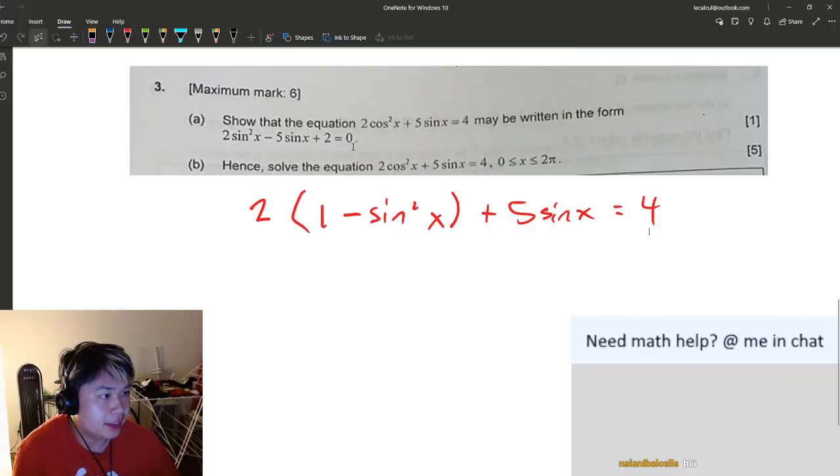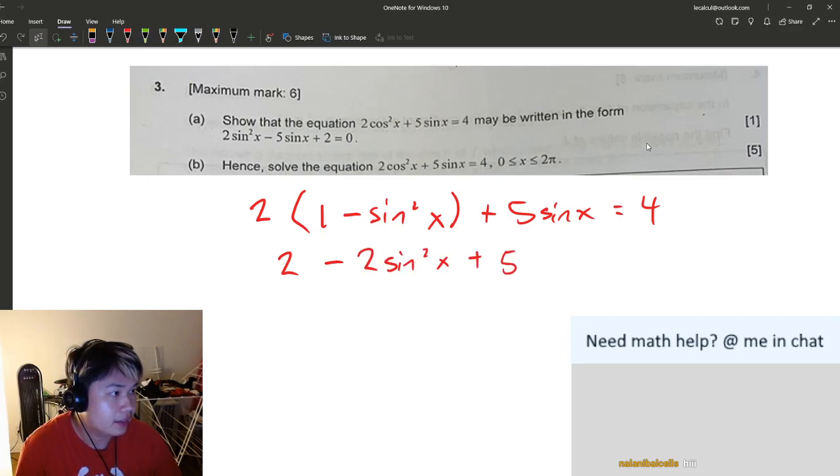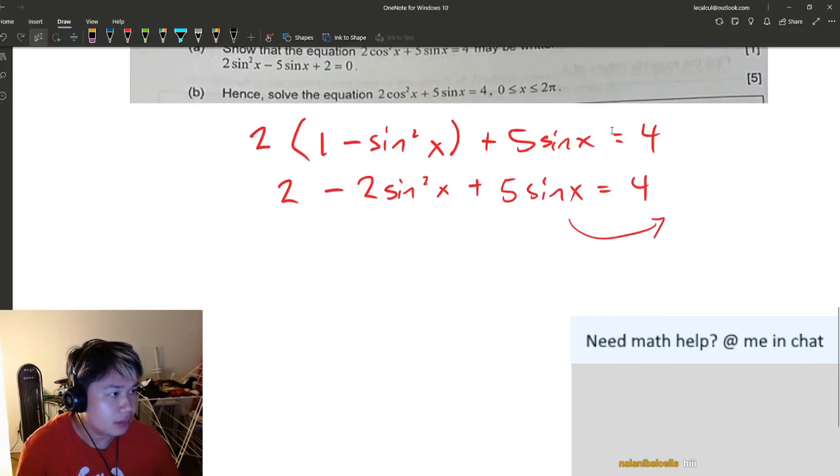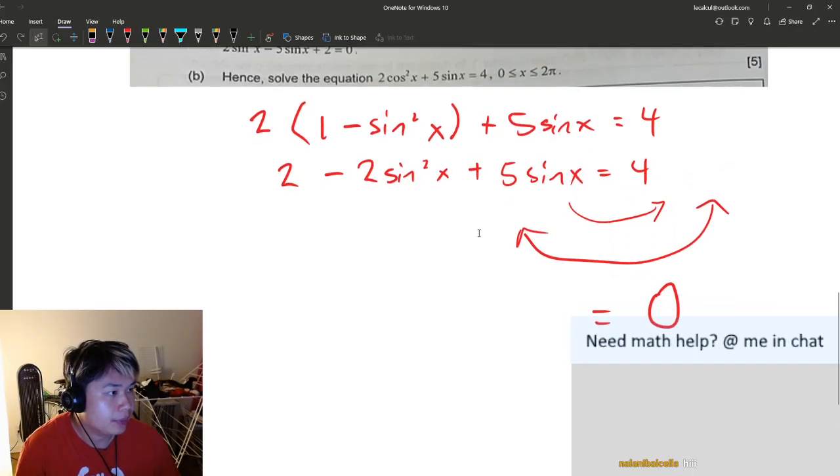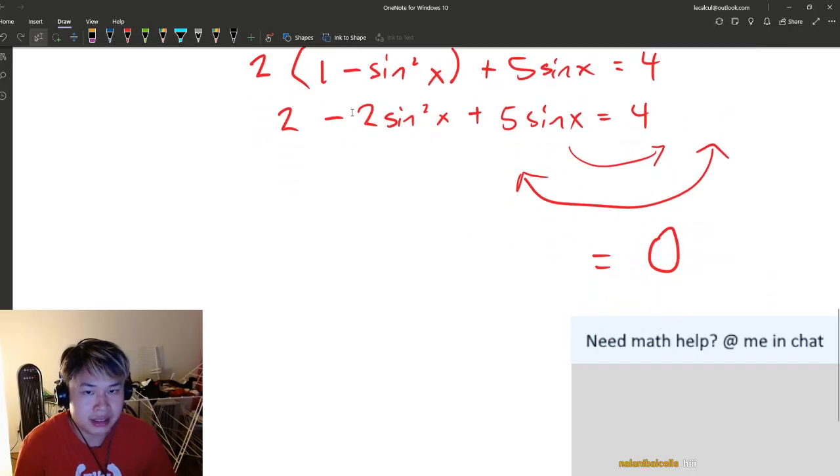Okay, simplify everything, collect it to one side because we need one of the sides to be 0, and it should equal this, right? 2 minus 2 sine squared x plus 5 sine x equals 4, and then I'll move everything over to the right side and then switch the position of this because most people prefer their zeros on the right side. Okay, so then we have, this is going to be positive 2 sine squared x.